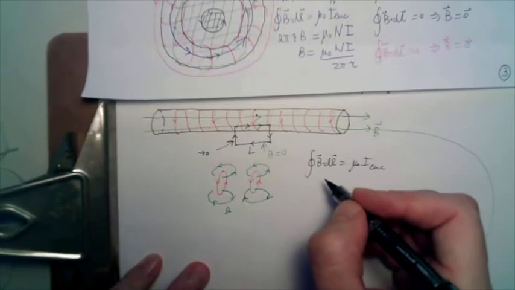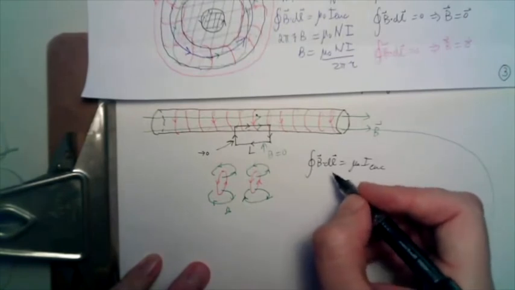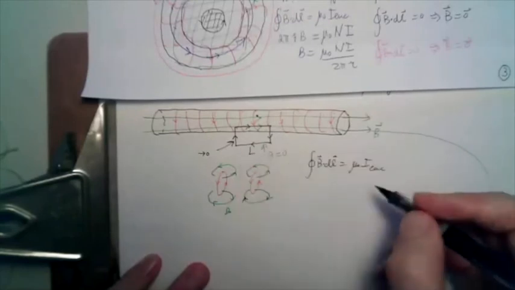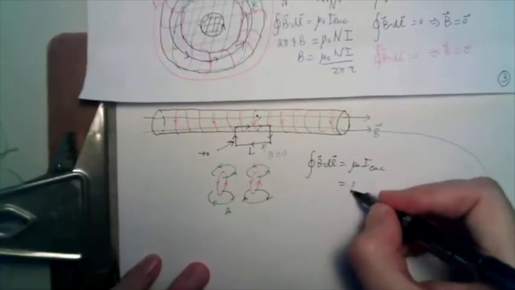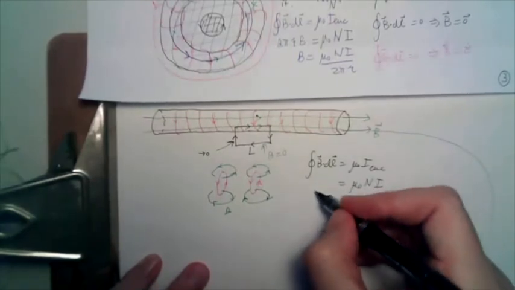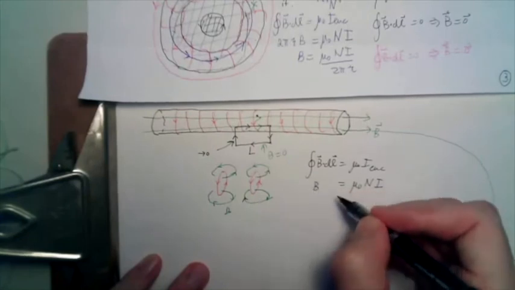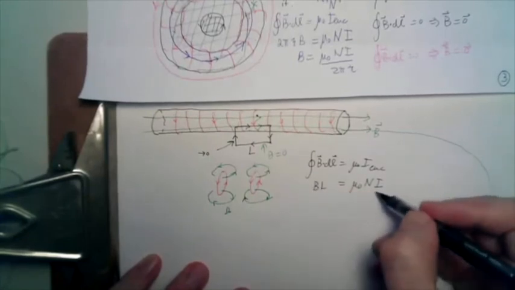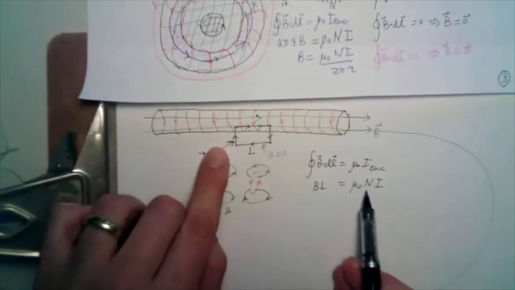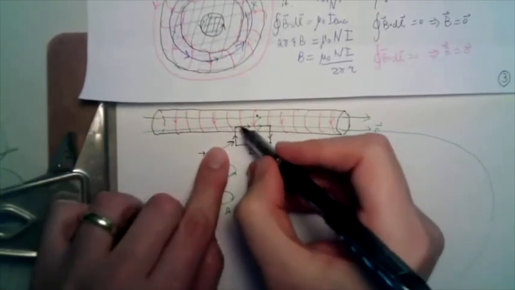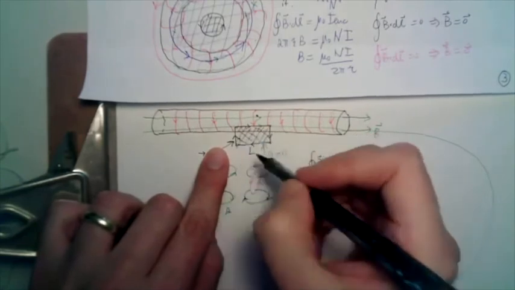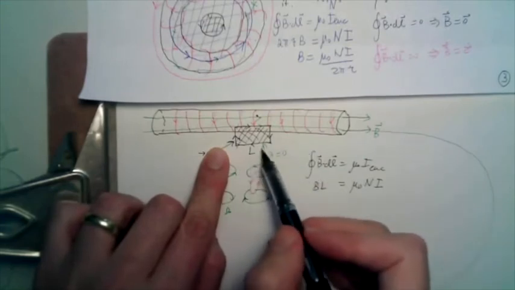And we need the number of turns. So let's say that this is n. So we get mu naught times n times I. And on the left-hand side, we get B times L. And if we make this loop bigger, so we make L bigger, the number of turns that is included, therefore poking holes in this soapy membrane, is going to also go up.